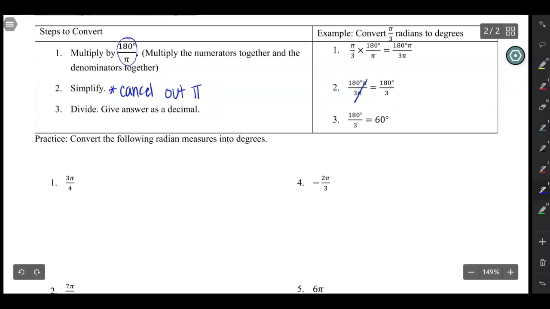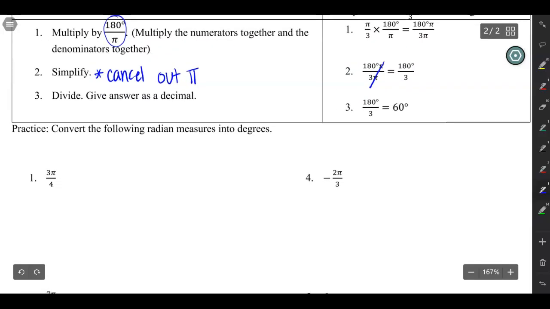So let's go ahead and take a look at what it would look like to convert 3 pi over 4 to degrees. So I'm going to start by multiplying by 180 degrees over pi, which is going to turn into 3 times 180, 540 degrees pi over 4 pi.